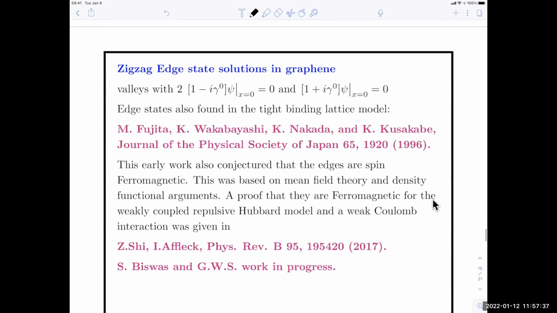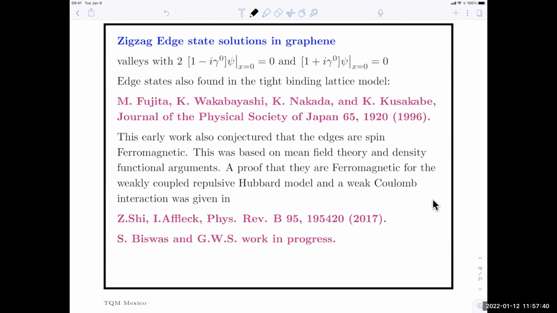Okay, so the zigzag edge is much more studied. The original work was by this group, and it inspired literally thousands of papers. I think their paper has 1,000+ citations. So this is a subject where we are not alone. The interesting thing about the zigzag edge is that it supports a rather strange kind of zero mode. So this is no longer a conformally symmetric system, but it is scale invariant.